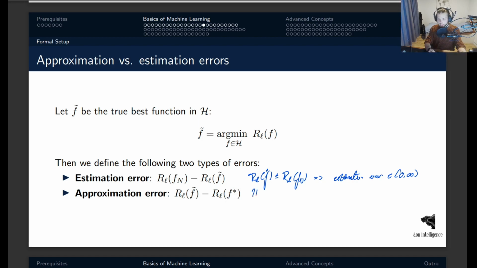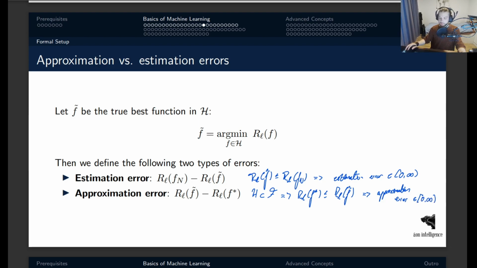Since the set H, induced by our learning algorithms, is a subset of all possible prediction models, the true risk associated with the Bayes predictor is smaller or equal than the true risk associated with the best prediction model within H. This also leads to the approximation error being always positive.